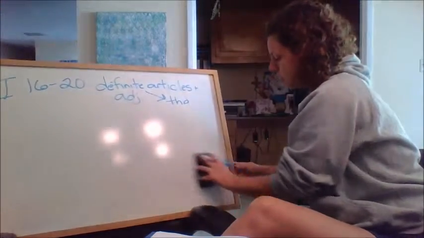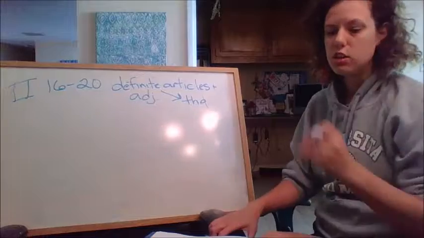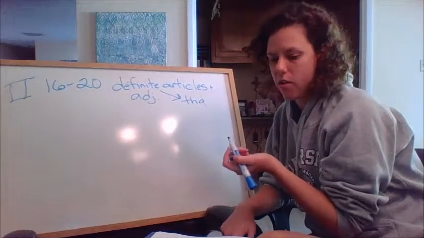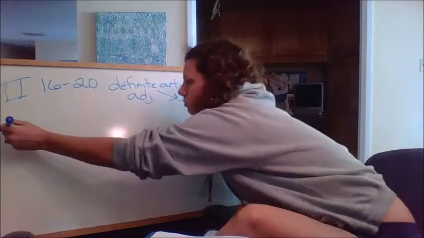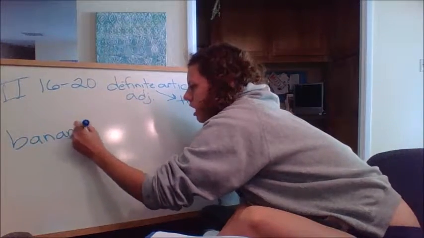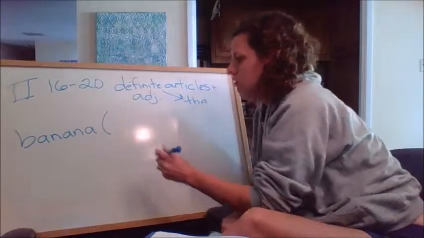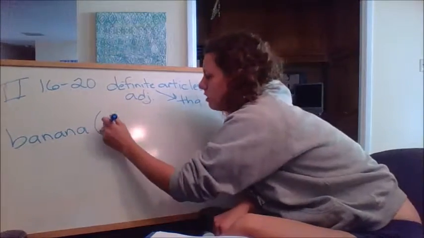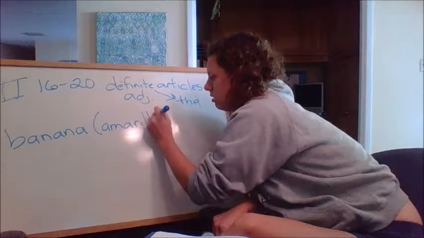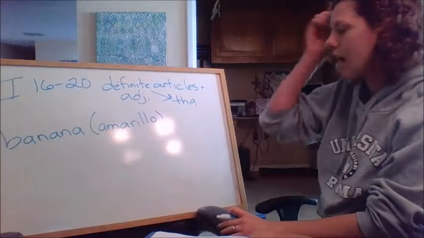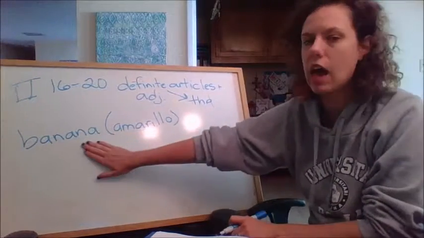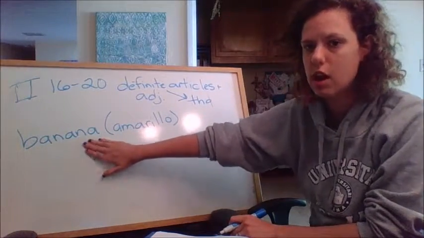So this section in your test is going to look like this: I'm going to give you a noun and I'm going to give you an adjective. I'm going to give you the adjective in the masculine singular form, and you have to decide how to change it for the noun.